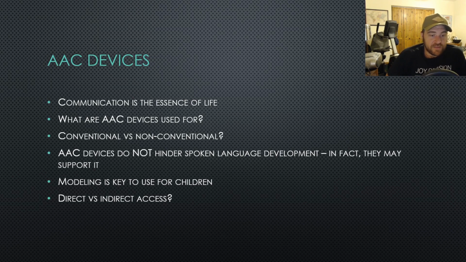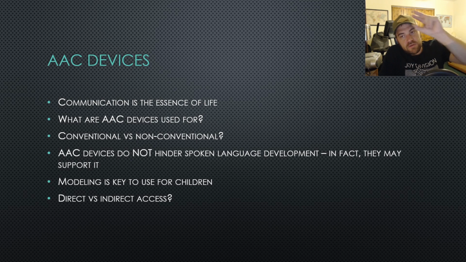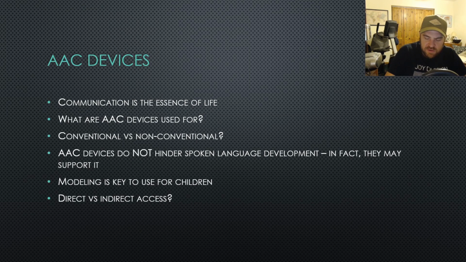that's direct access. Indirect access is when you can't pick out individual pieces of what you want to say. This is when you have severe motor problems. Maybe only one hand works or one foot.